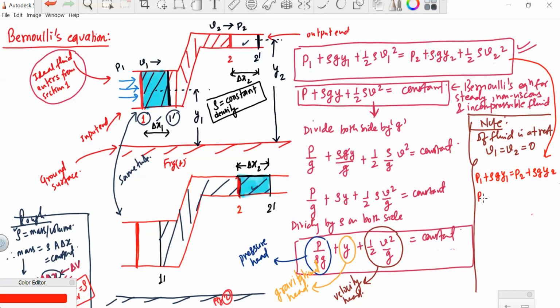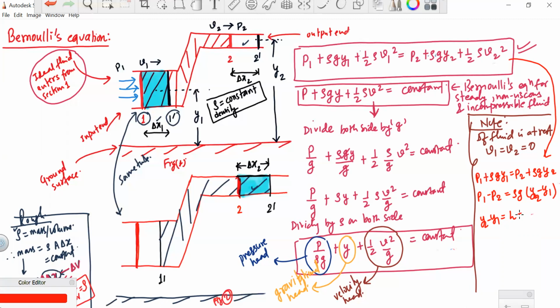So we can write P1 minus P2 equals rho g, which is common, times y2 minus y1. We denote y2 minus y1 by the symbol h, the difference in height.